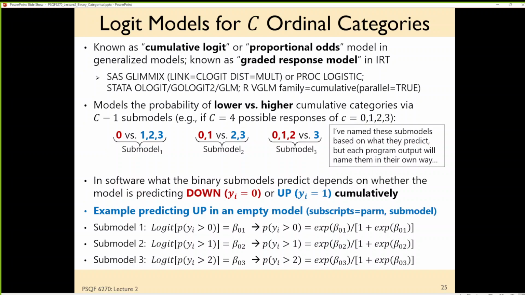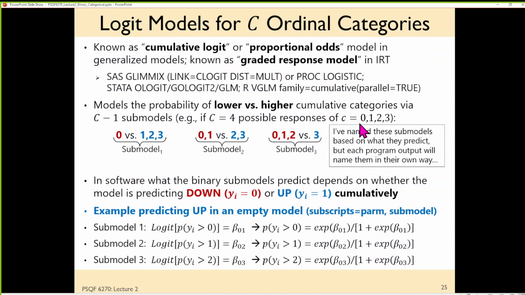So if I have 3 answer choices, I need 2 submodels. If I have 4 answer choices, I need 3, and so on. Every submodel is using all of the data at once. But each submodel is predicting a different transition point between your categories. So the fact that all the data is being used is what makes it cumulative.